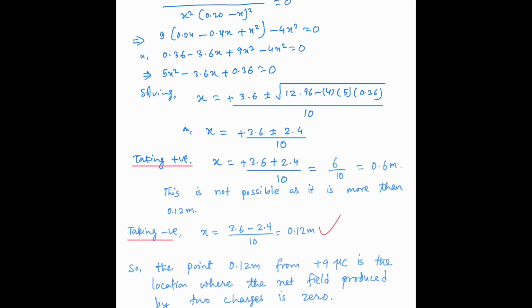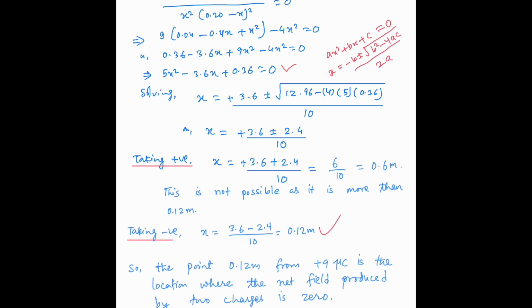Further, you can solve this quadratic equation of the form ax squared plus bx plus c equals 0. To solve this type of quadratic equation, use the formula x equals minus b plus or minus square root of b squared minus 4ac over twice a.